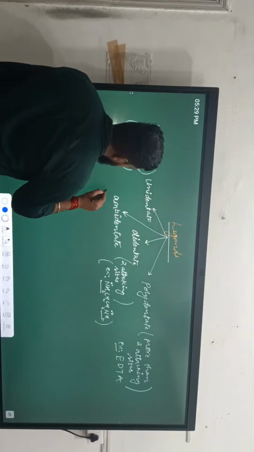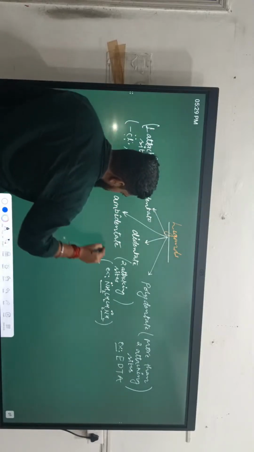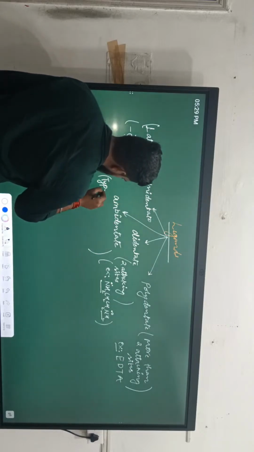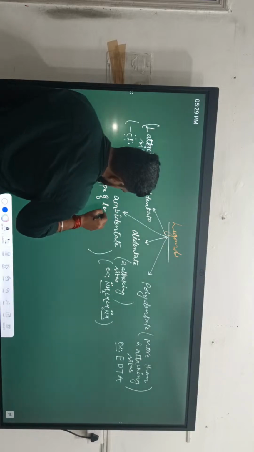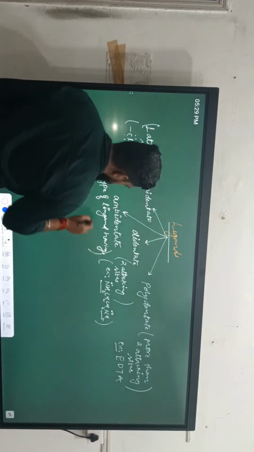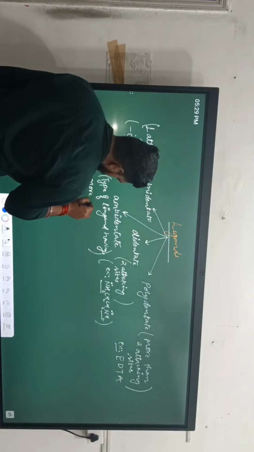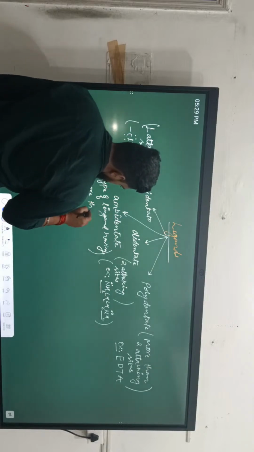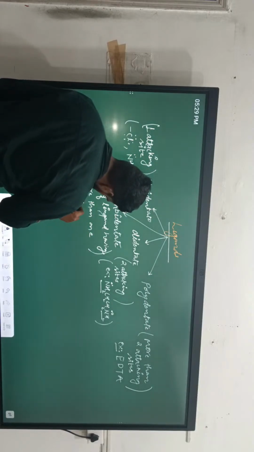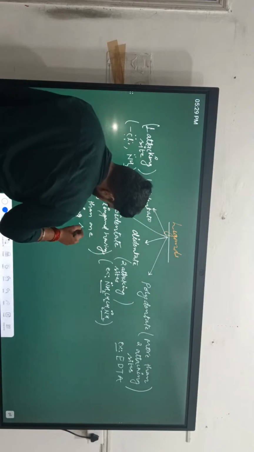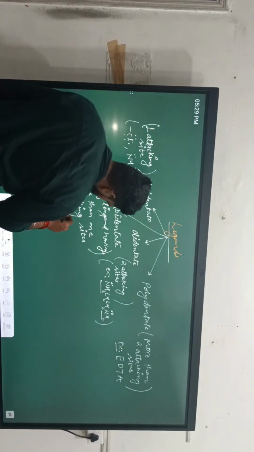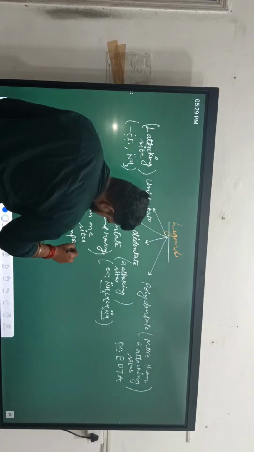Coming to ambidentate ligand, it is a type of ligand having more than one attaching site in the same compound.